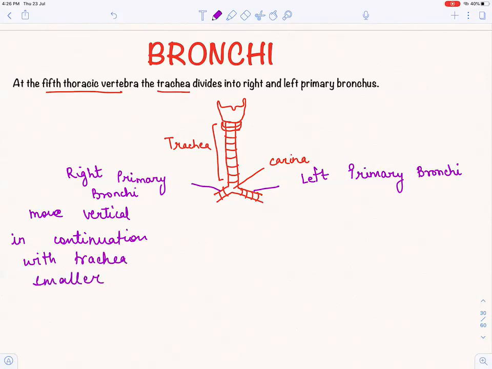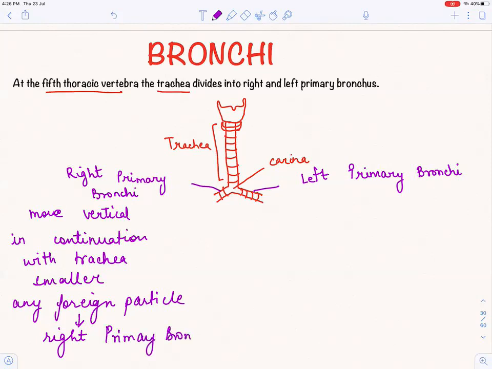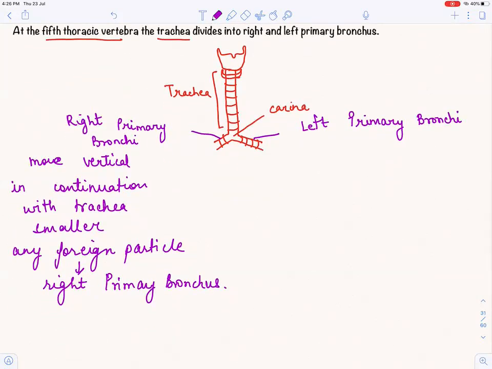So what will happen if there is any foreign particle? The probability is that it will go into the right primary bronchus first and through it to the right lung. So this is the right and left primary bronchus.